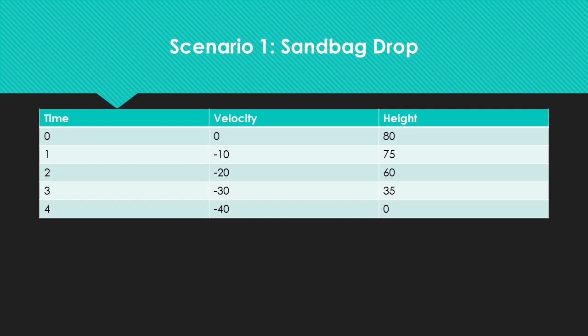Okay, so that was not the hardest thing in the world to do, but somewhat drawn out to have to calculate each of these things in this piecemeal way. And let's suppose we were dealing with an object dropped a lot higher than 80 meters that's not going to hit the ground in 4 seconds.